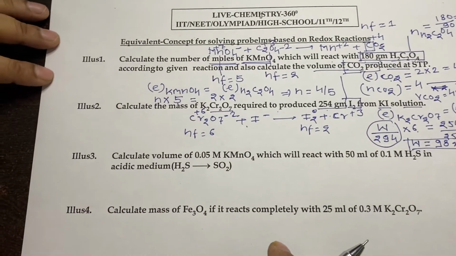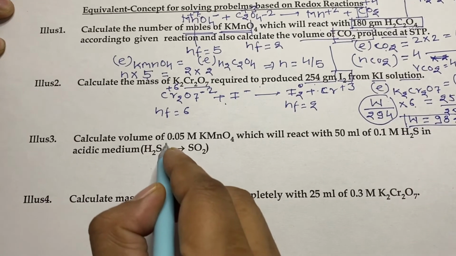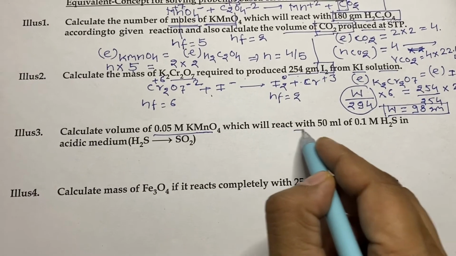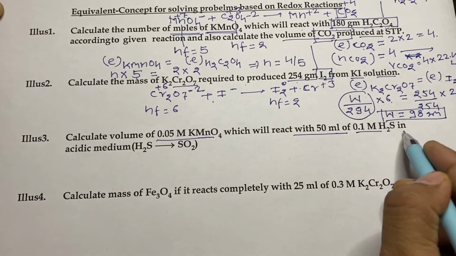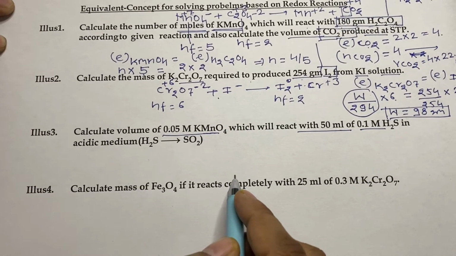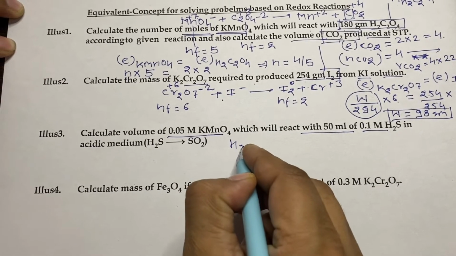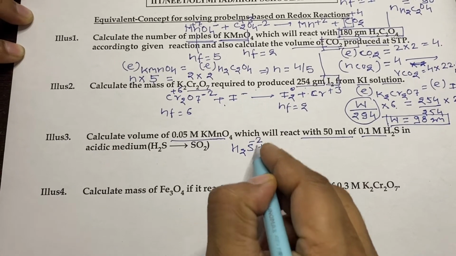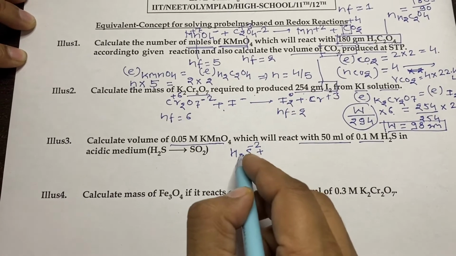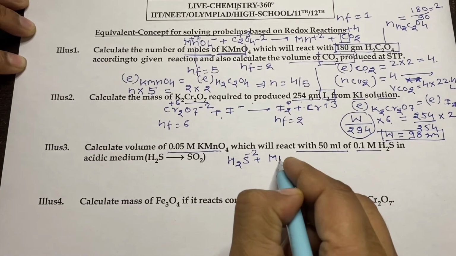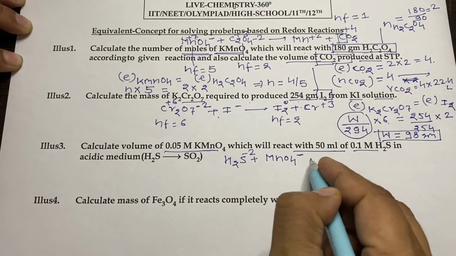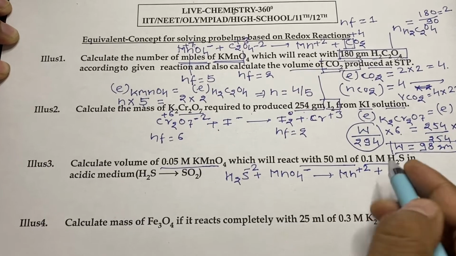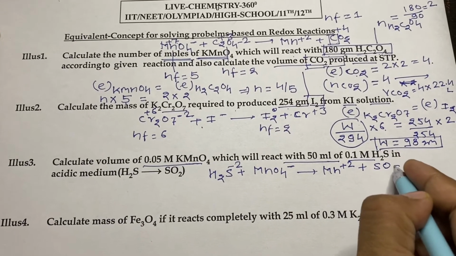In the next question, the volume of 0.05 M permanganate, which will react with 50 ml of 0.1 M H2S, is required to calculate. So the expected redox changes: H2S, we can write the ionic reaction, S 2-, and MnO4 minus, this will give Mn 2+ plus SO2.